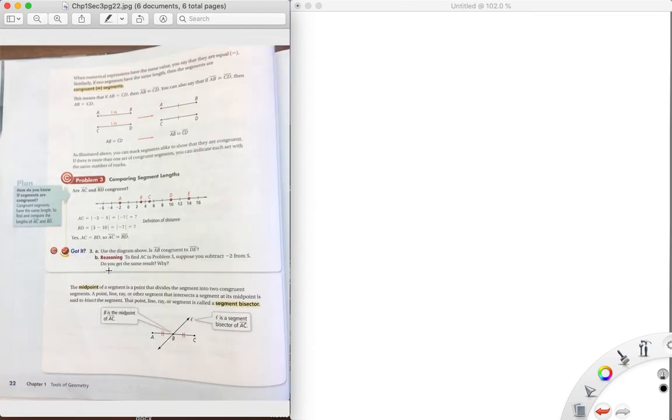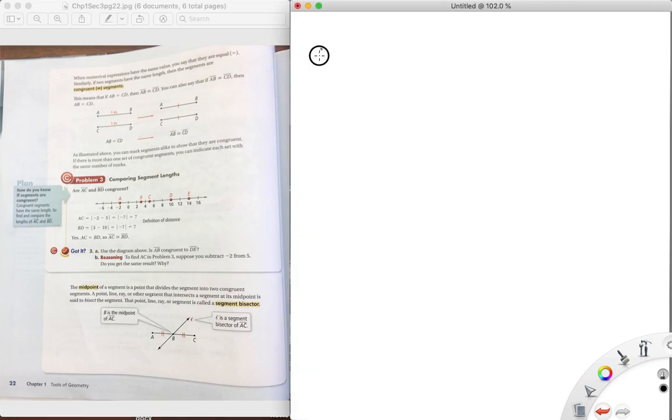And next we have the difference between congruency and equal. So we have two segments, AB and CD. We're told that AB is 1 inch.